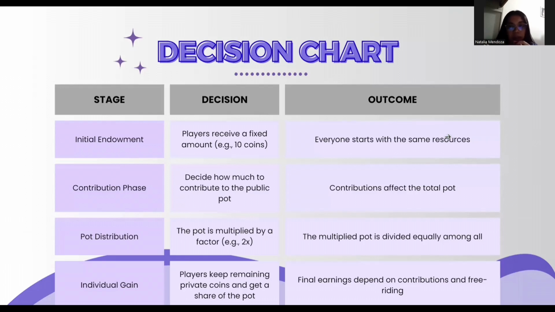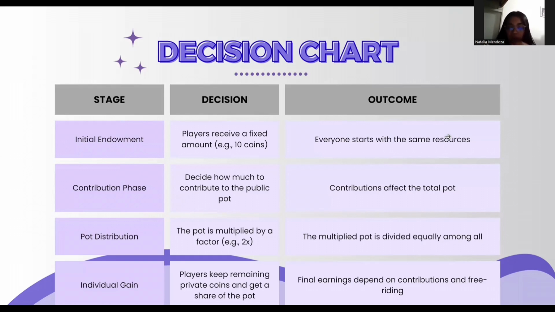Hi, my name is Natalia Mendoza, and now I'm going to explain the decision chart of the public goods game. As we can see on the screen, in the public goods game, each player begins with a fixed amount of resources. Let's say, for example, 10 coins, and that player must decide how much to contribute to the common pool.